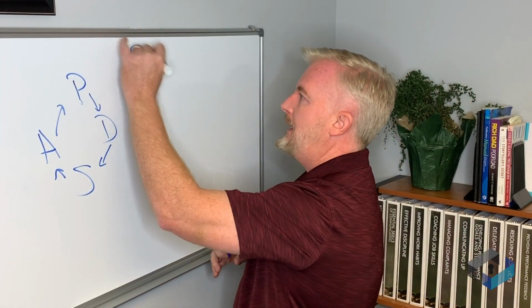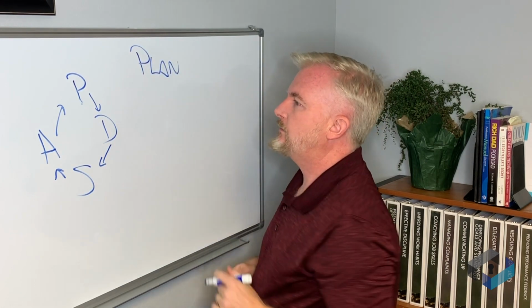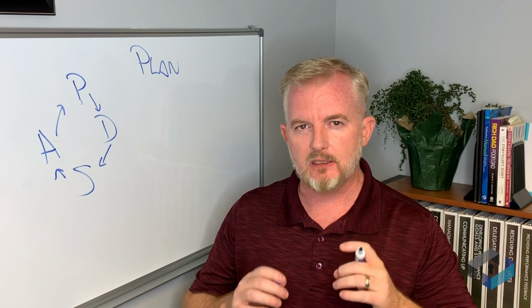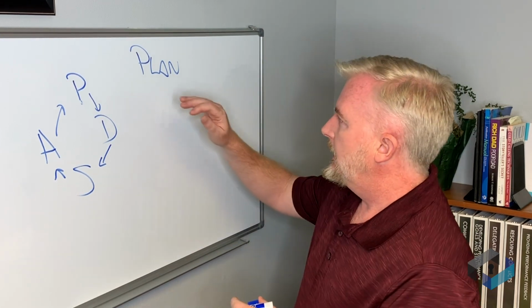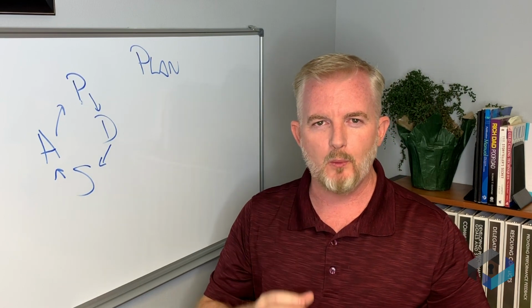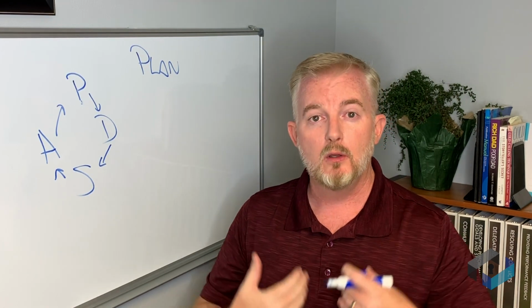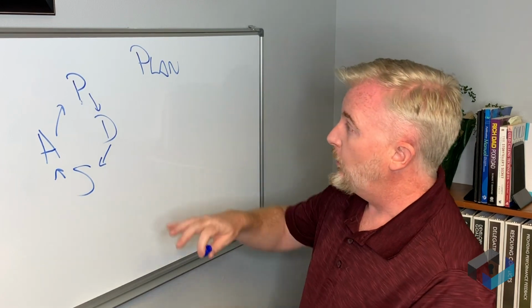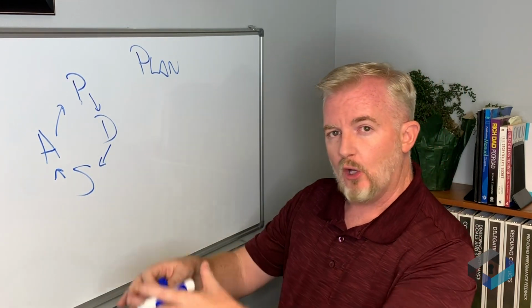So the plan stage. I cannot emphasize this enough. This is critically important here. The plan stage is probably one of the most important elements to this entire cycle from my viewpoint, and it is usually the most overlooked when people just try to solve problems.